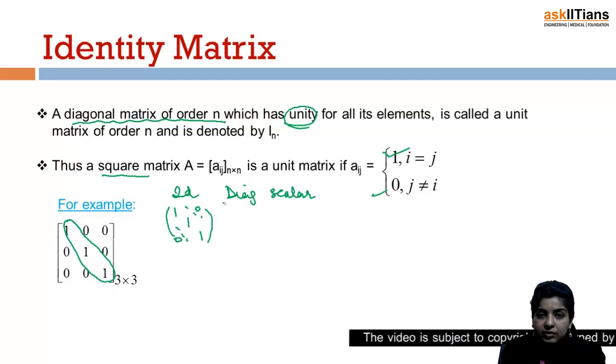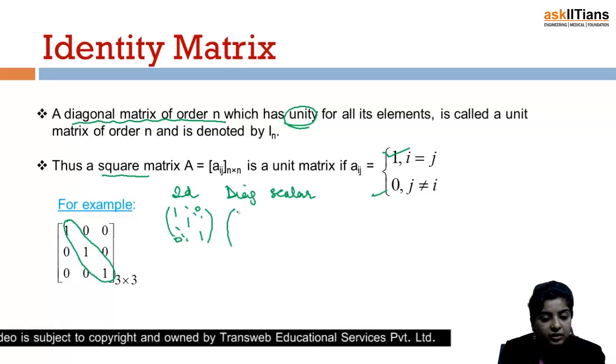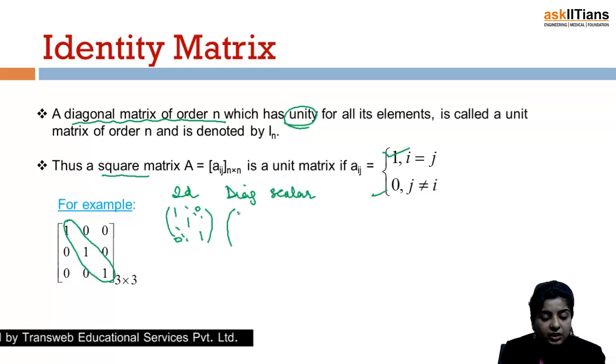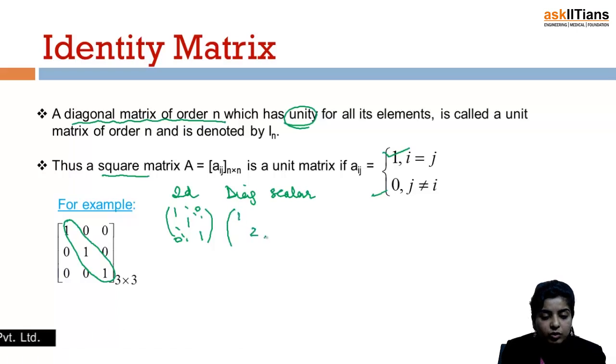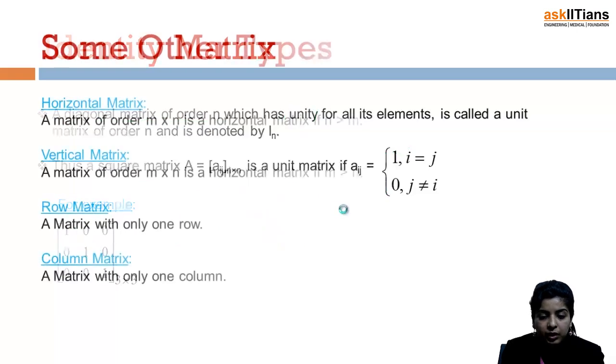In all the 3 cases, the non-diagonal elements have to be zeros, okay? In case of diagonal matrix, you can have anything in the diagonal elements, 1, 2, 3 suppose, and the non-diagonal elements again have to be zeros. What about scalar matrix? The diagonal elements have to be the same, any scalar k, and the non-diagonal elements again have to be zeros. So it must be clear by now, I suppose.